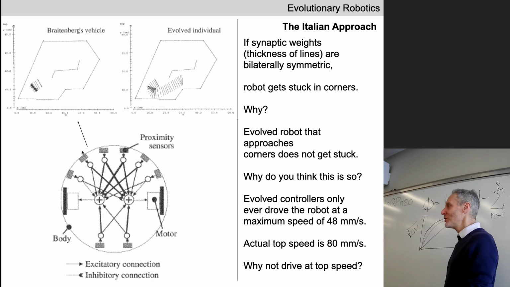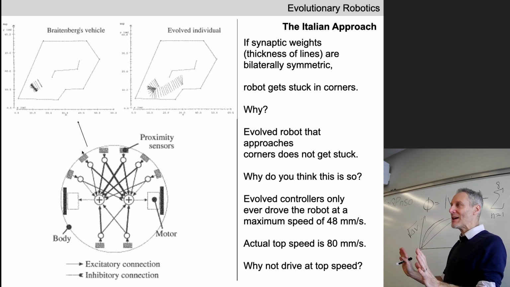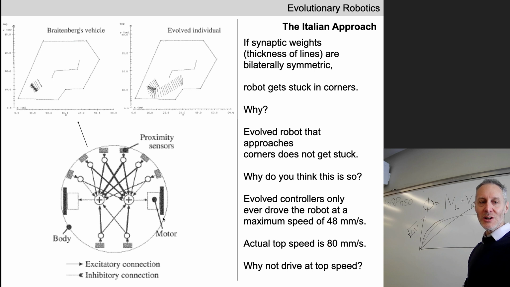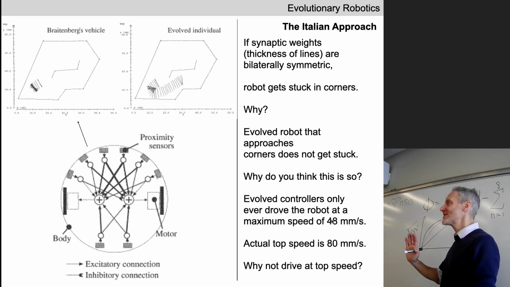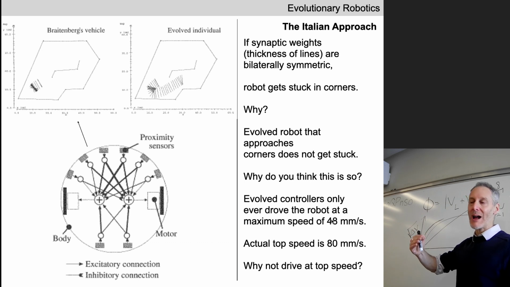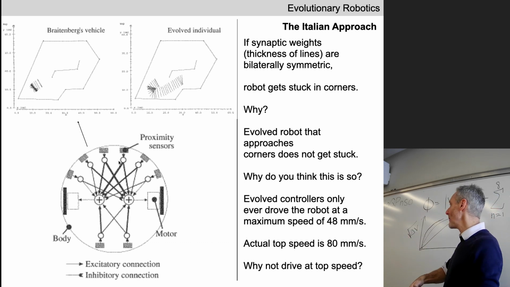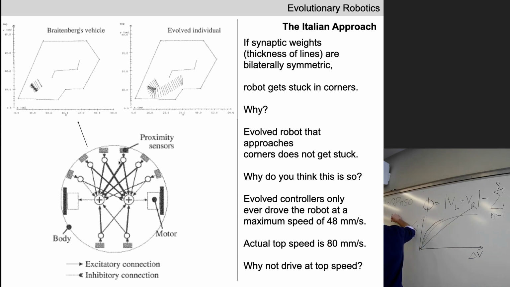But if you did, you'd find that the only way you can drive safely doing that is to go slower. Evolution has found that 48 millimeters per second, more or less, is the top speed that it can drive the robot, given the limited frame rate, or the cognitive frame rate, of the robot.